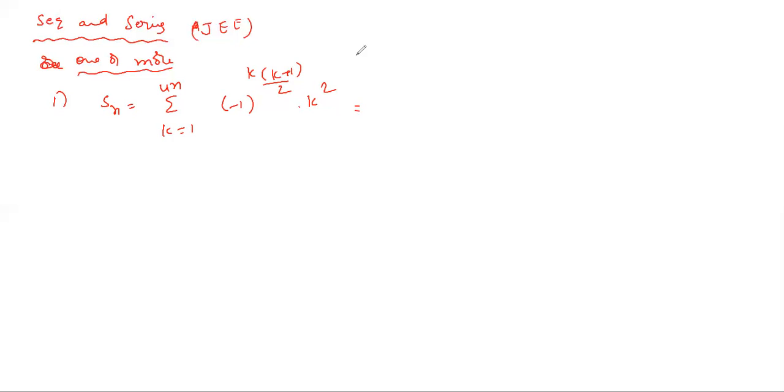Next, minus 1 whole power 2 into 3 by 2, odd value, means minus 2 square. Next, 3 into 4, 12 by 2, 6, even number, so plus 3 square. Next, 4 into 5 by 2, plus. Next, 5: again we get minus 5 square, minus 6 square, plus 7 square, plus 8 square, and so on, like this we get.